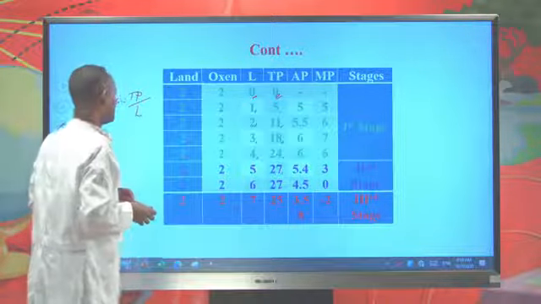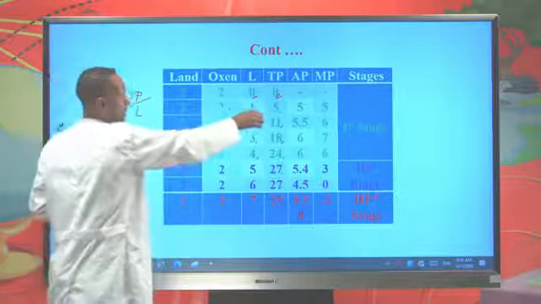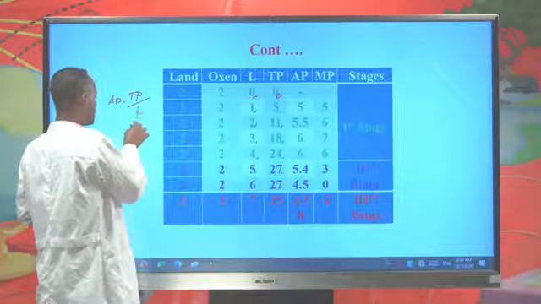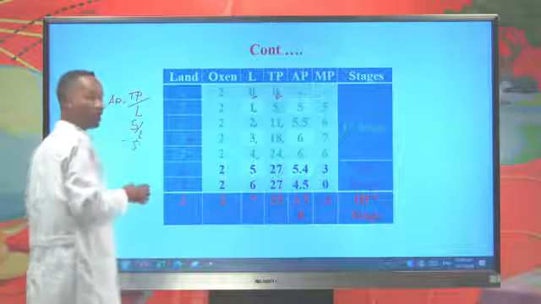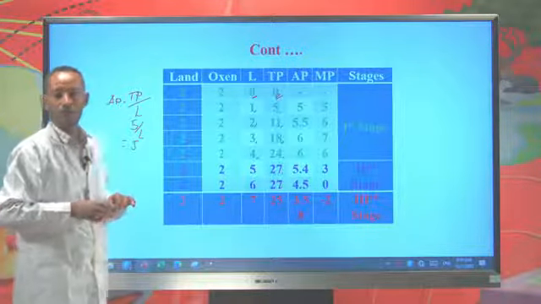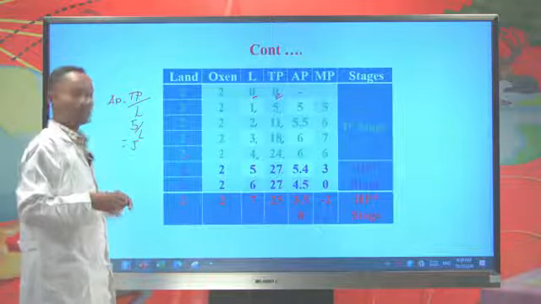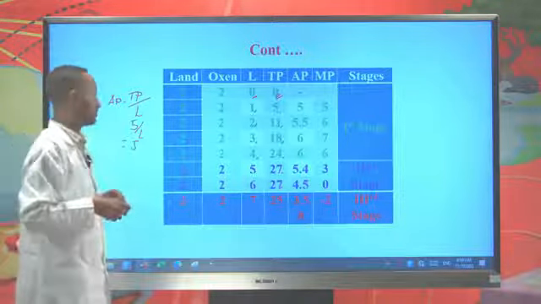And the total product of 1 labor is 5 quintal. That means the average product is calculated by dividing 5 by 1. This indicates that the average product of one labor is 5 quintal, meaning one labor is producing 5 quintal on average.